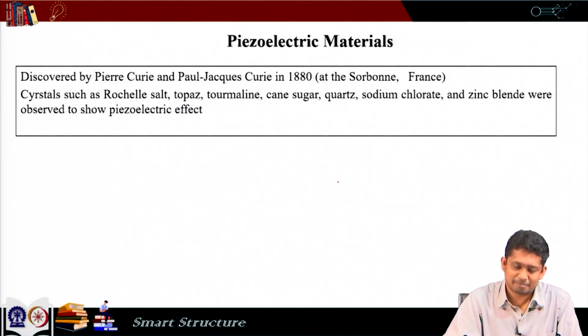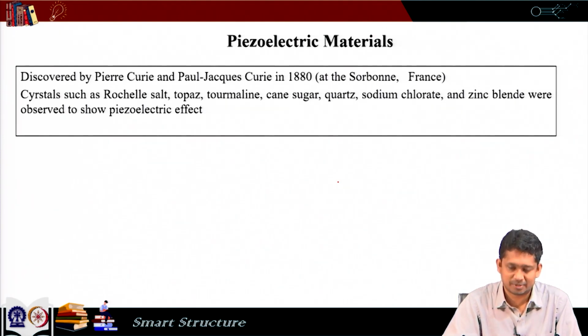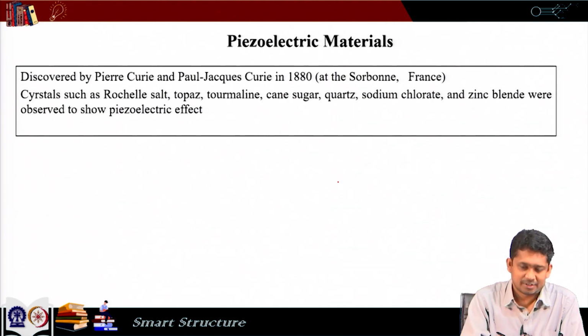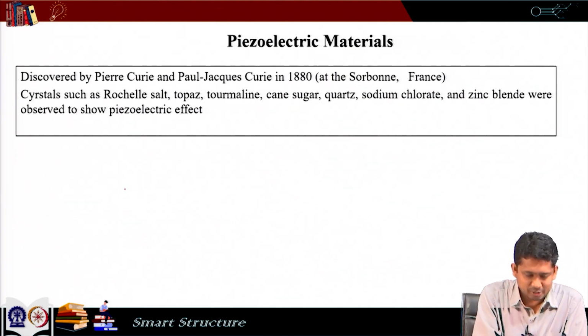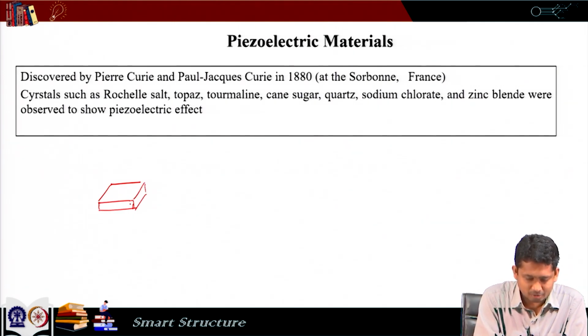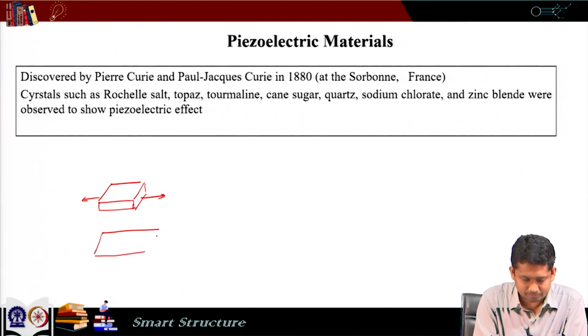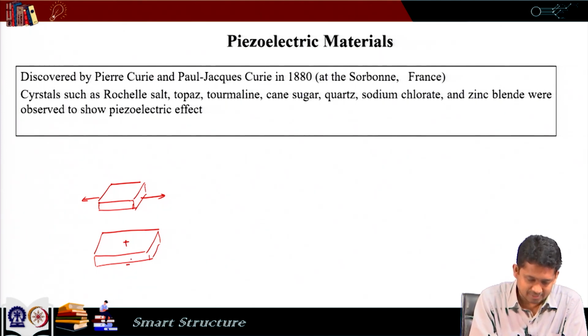So, let us have a quick overview of these different materials and then we look into their comparisons and some applications. So, piezoelectric materials. Piezoelectricity refers to a property where if I have a piezoelectric object and I give it strain, it expands, and because of this it generates electricity.